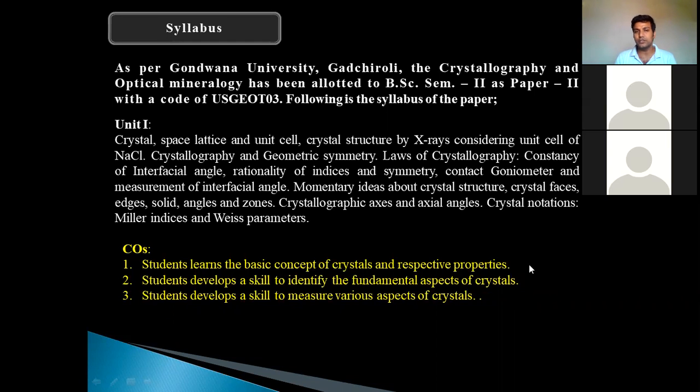After studying this unit, you'll be able to identify fundamental aspects like crystallographic axes, angles, interfacial angles, edges, and faces in the specimen. You will also develop a skill to measure various aspects of crystals, for example, the interfacial angle. These will be the outcomes of this unit.